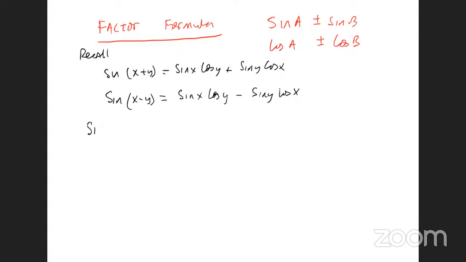Suppose we want to add sine x plus y and sine x minus y. When you add this, you will end up with 2 sine x cos y. When you add this, you'll get 0. Try and pay attention, see if it's making sense. I'm not taking it off, so you will get time to write it.